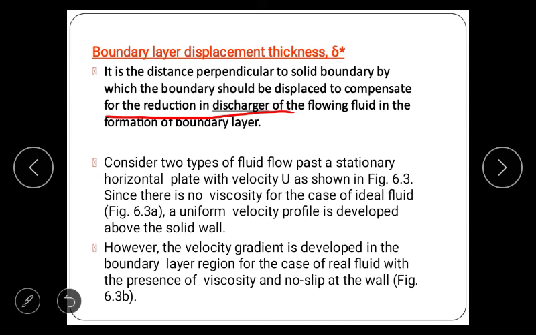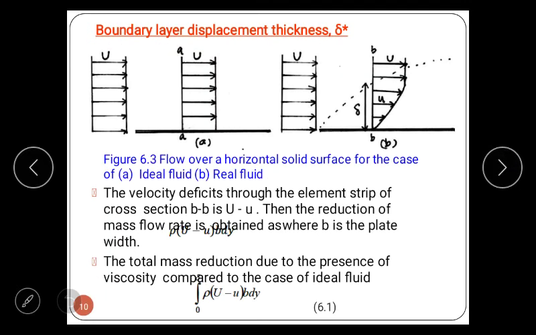Now what is next? Consider two types of fluid flow past a stationary horizontal plate with velocity U, as shown. This figure is on the next page. It is the boundary layer displacement thickness, denoted by delta star.